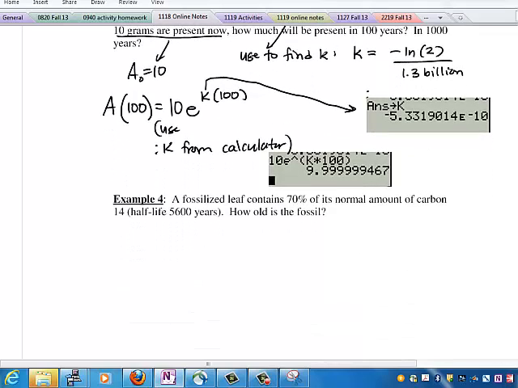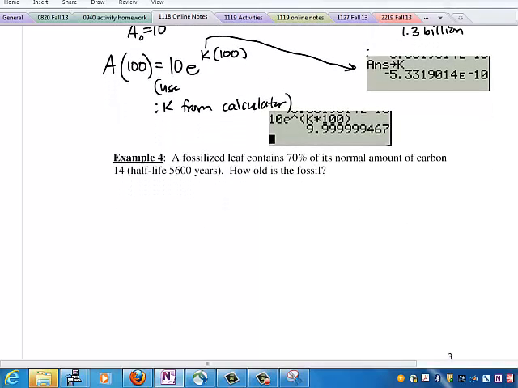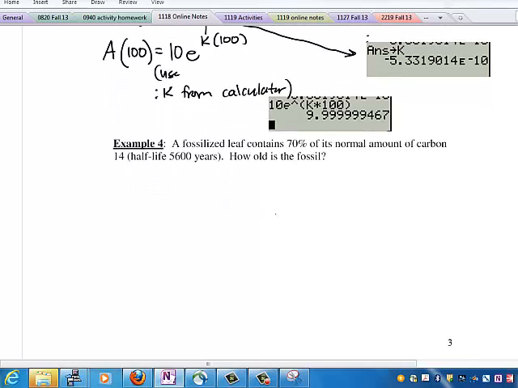The next example is quite similar to the one we just did. A fossilized leaf contains 70% of its normal amount of carbon-14. The half-life of carbon-14 is 5,600 years, and we want to figure out how old the fossil is.